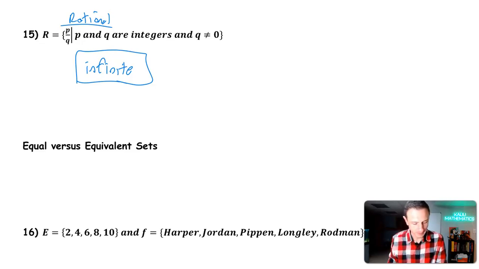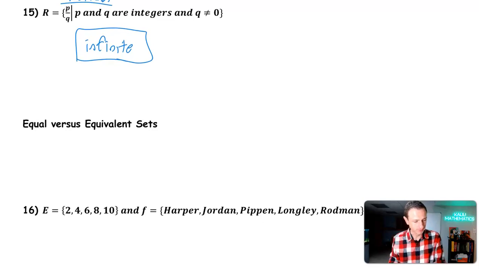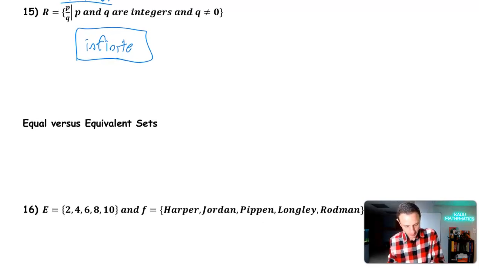Last topic is equal versus equivalent. So let's write down a couple definitions, a lot of definitions in this section. Equal: set A and set B contain the exact same elements.